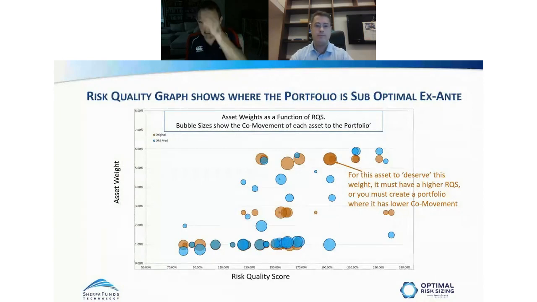Any given asset lives on a vertical line, and the Sherpa weight for the asset, which is highlighted by the arrow, is down at the 1% line. Whereas the portfolio manager has got it at like 5.5%.